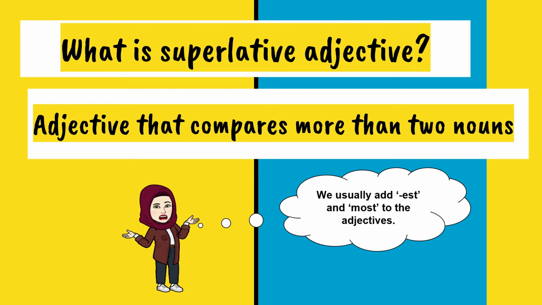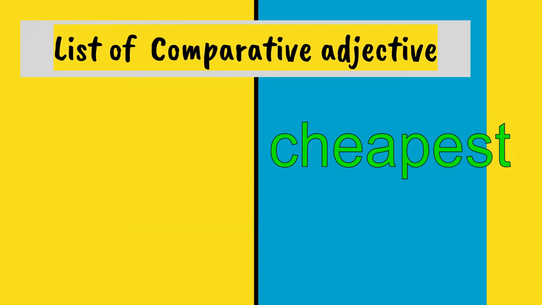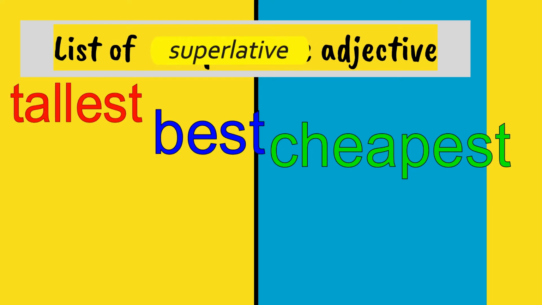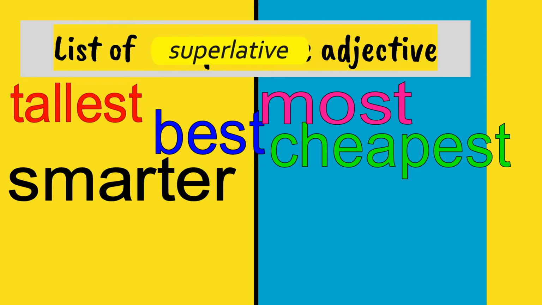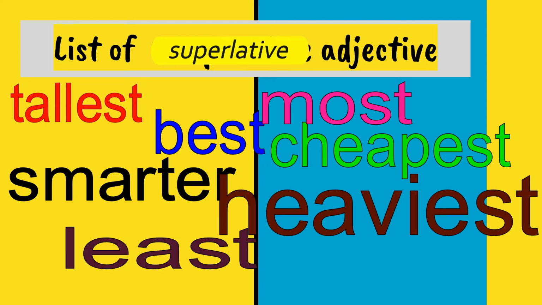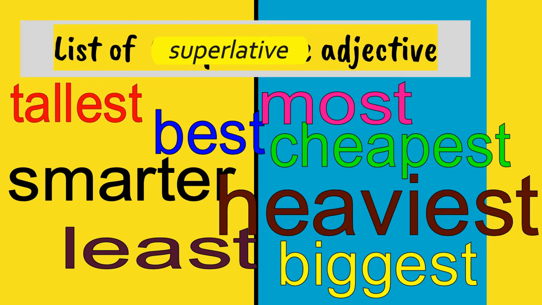Now, list of superlative adjectives. The examples are cheapest, tallest, best, most, smartest, heaviest, least, and biggest. Those are the words that we use when we want to compare two or more nouns.